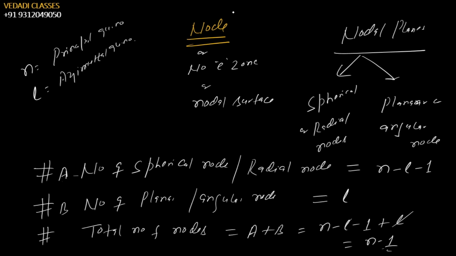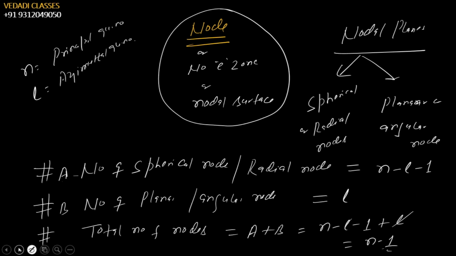So basically, nodes are the no electron zone, where the probability of finding the electron is 0. Now have a look here.